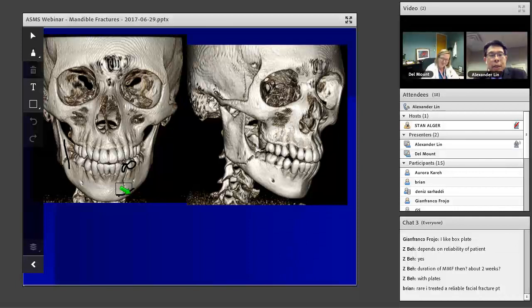Sorry, say that again. You would do a parasymphysis plate and MMF? Yeah, and then for the angle, either a Champy or a lower border plate with a tension band through a, not an open or transcutaneous, but through a transbuccal trocar.